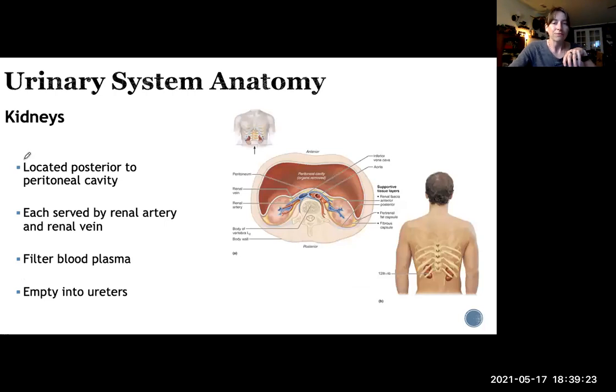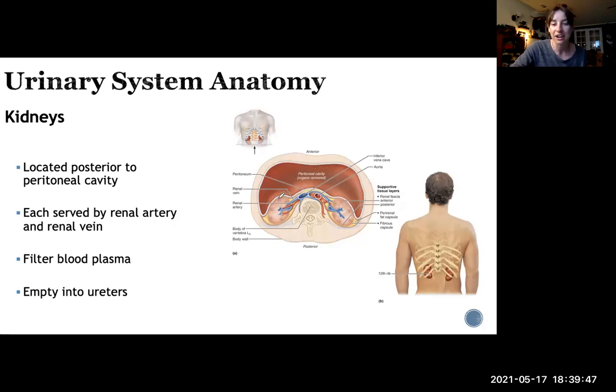All right. Your kidneys, in case you didn't know, are located in the back wall of your abdominal cavity, and they're actually not even in the peritoneal cavity where the rest of your viscera, your digestive system mostly, resides. They're actually posterior to and outside of that parietal peritoneum, believe it or not.